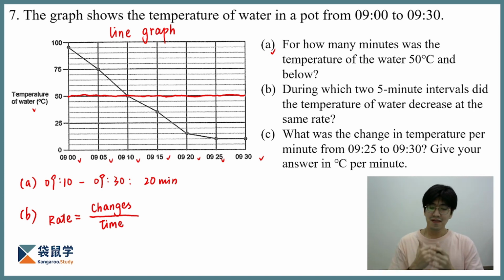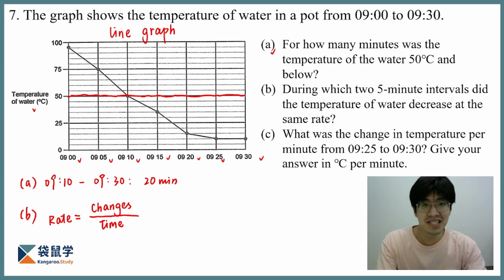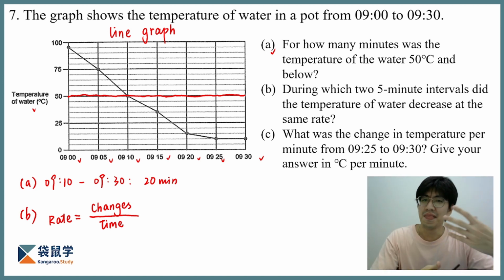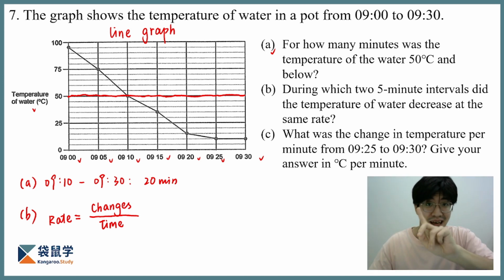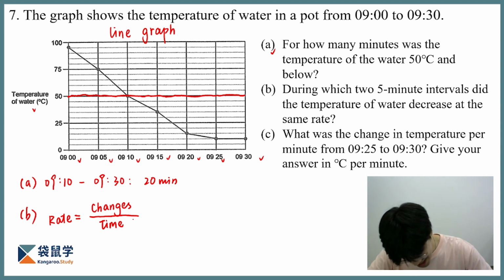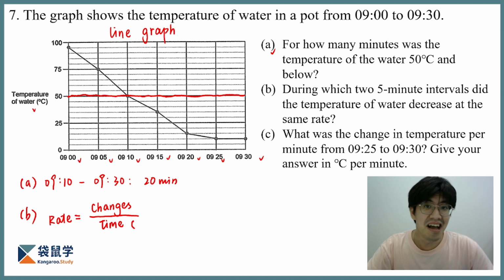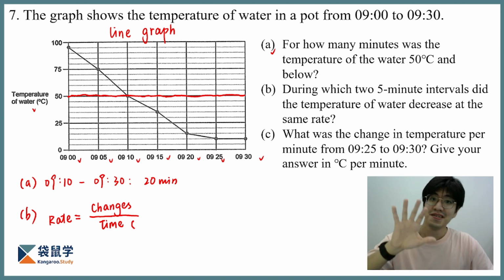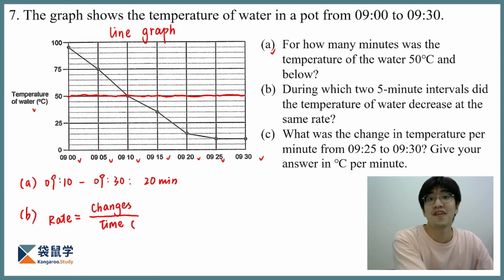However, for this question, is it necessary for me to calculate this rate for each interval and then compare? No. Why? Because in the denominator, the time is always going to be 5 minutes, since they're all separated apart by 5 minutes.